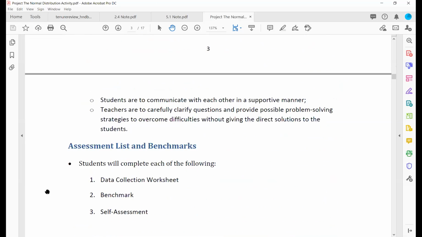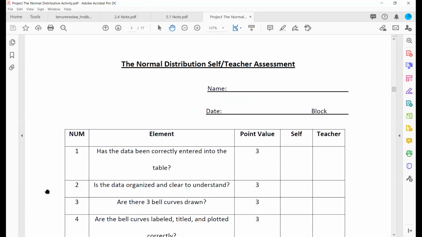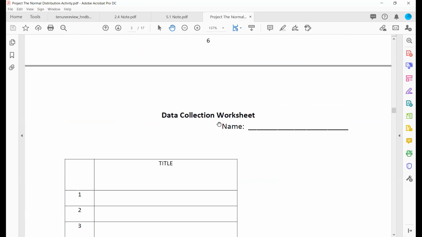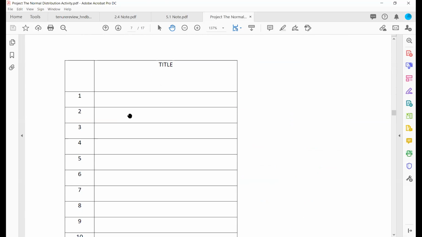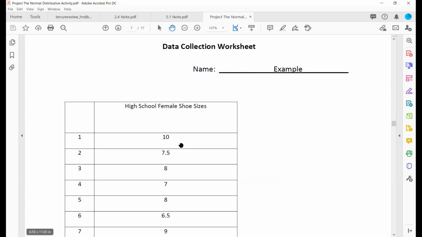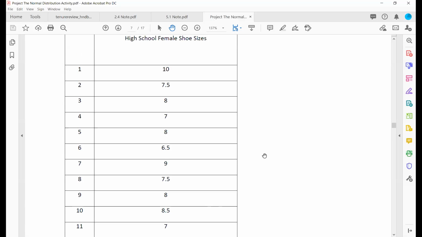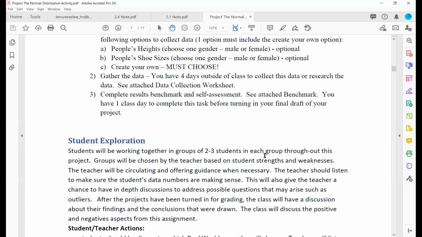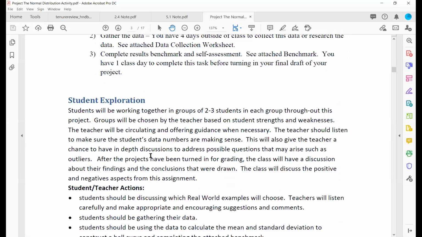After collecting the data, you can use the data collection worksheet on page 7. And this is an example for you. Well, now after collecting the data, you need to graph those data.